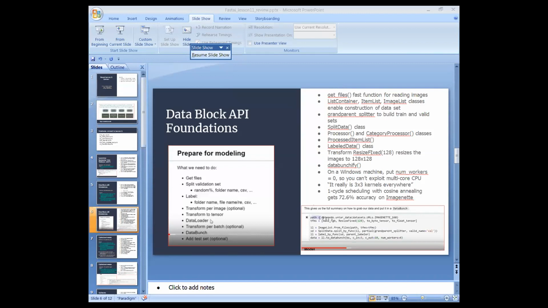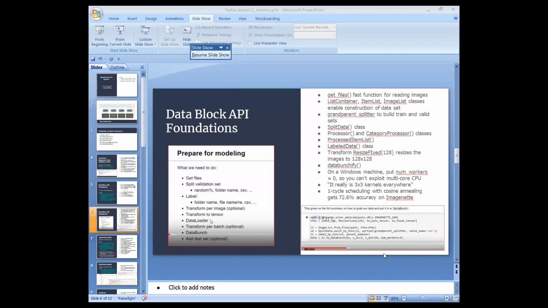I just wanted to note that on a Windows machine, I've had some trouble getting some of these notebooks to work, and people have helped me on the forum, and they told me that you have to put num_workers equal to 0 if you're working on a Windows machine, which kind of sucks because then you can't exploit your multi-core CPU for fast pre-processing.